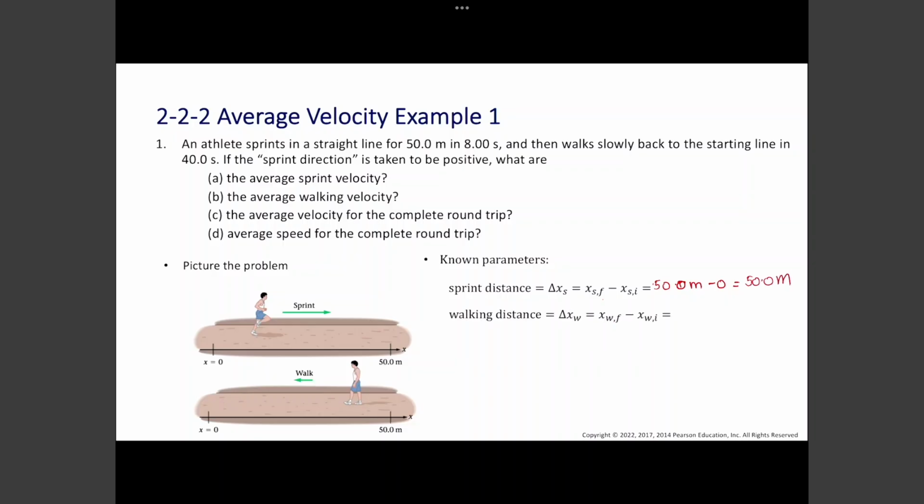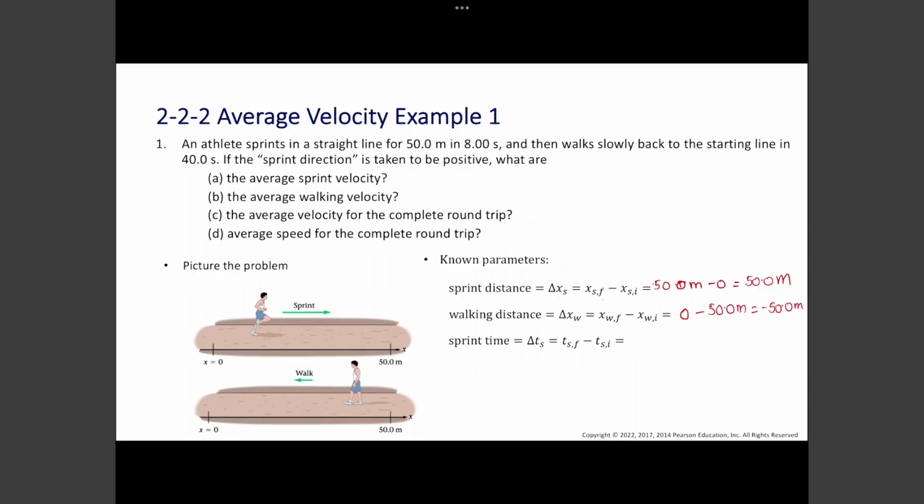And the walking distance, walking means w. When he returns back to the origin, the final position is at 0 and the initial position is at 50.0 meters. So the walking distance is minus 50.0 meters.